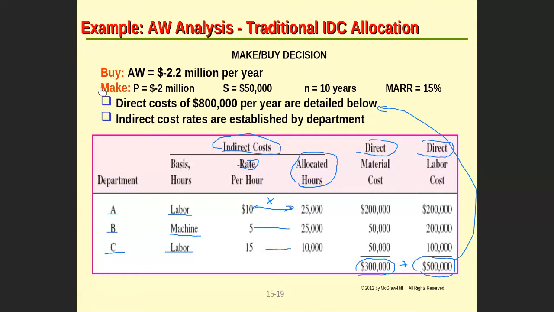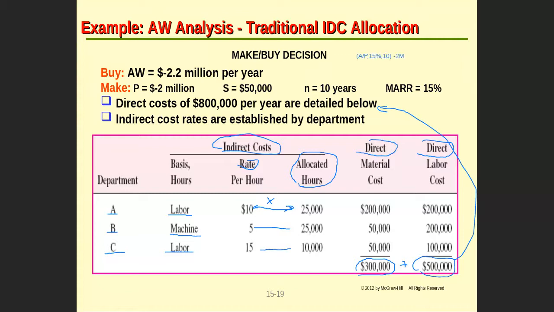First, we have to convert the principal into an annual, as well as the salvage. In this case, the number of years is 10. The formulation for the principal to convert it into an annual will be A given P for 15% times 10 years, multiplied with the minus 2 million.